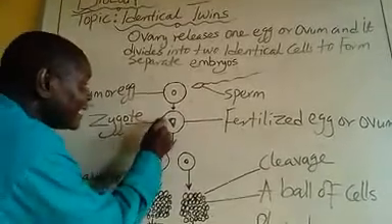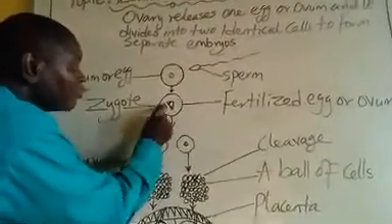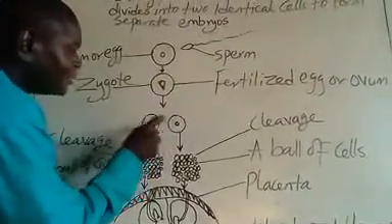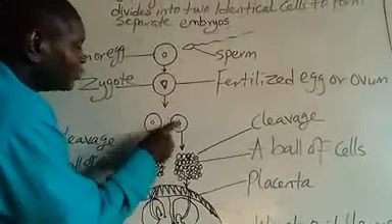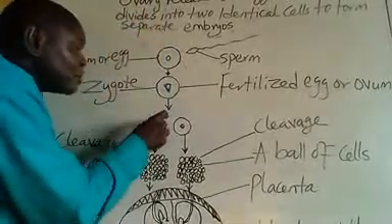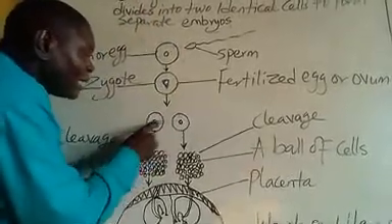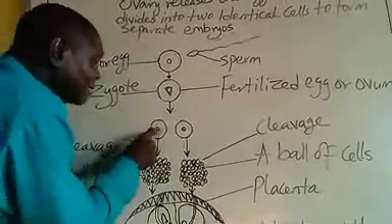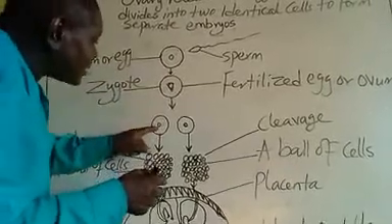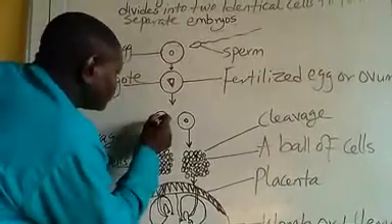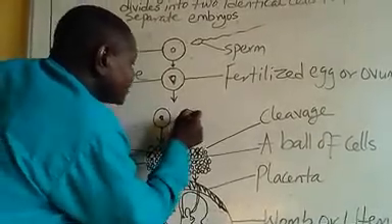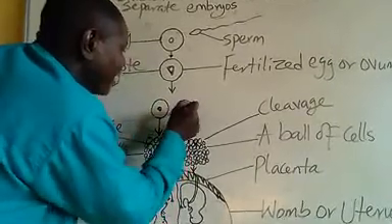This egg, this ovum, will divide into two. Look at it here, and look at another one here. 1 and 2. This one has divided into two identical cells. Here, this one has a portion of sperm, as you can see, and this one also has a portion of sperm.